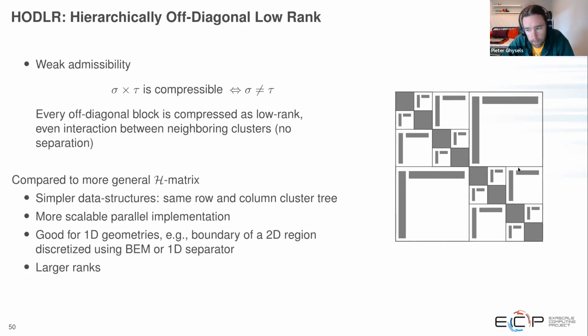So one of the formats that we support in STRUMPACK is called the HODLR, or hierarchically off-diagonal low rank, which is a simplification of the more general H format, in that every off-diagonal block is now assumed to be low rank. So you partition recursively into 2x2 blocks, but you only further subdivide the diagonal blocks, and the off-diagonal blocks are approximated using low rank.